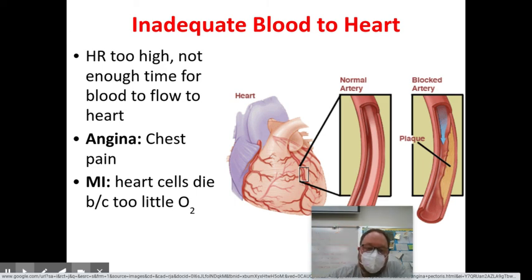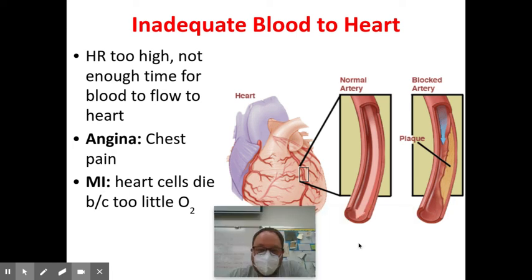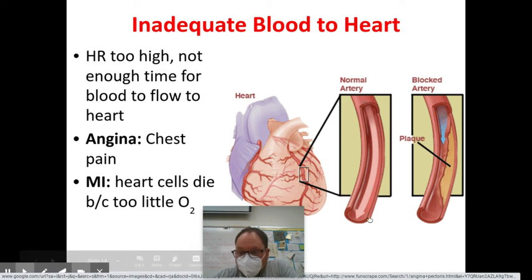And you can also have an MI. It stands for myocardial infarction. An MI or myocardial infarction is what we typically just call a heart attack. Okay, so if you block blood flow to the heart tissue, again, the tissue dies, and then you don't pump anymore. So ideally, artery walls are smooth and allow for that smooth flow of blood through the heart.